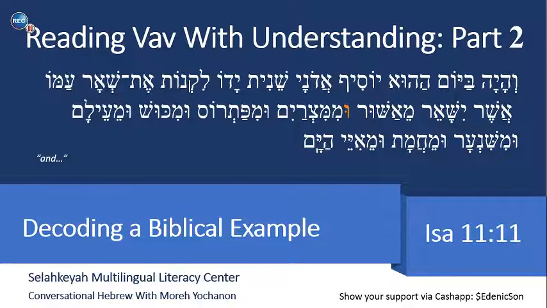Here we go. And me Patros, and from Patros, and from Cush or Ethiopia. And there is the vav with the dagesh being used twice.